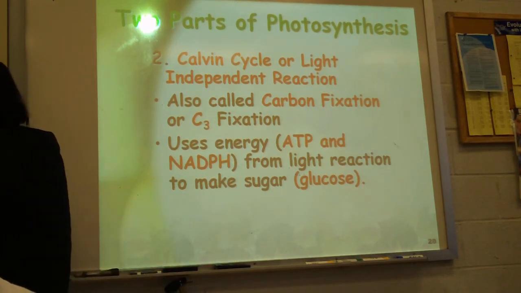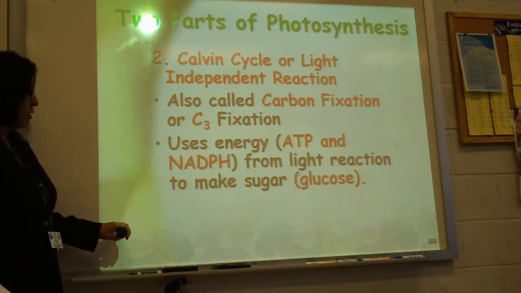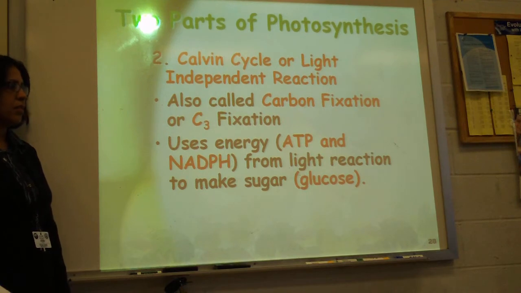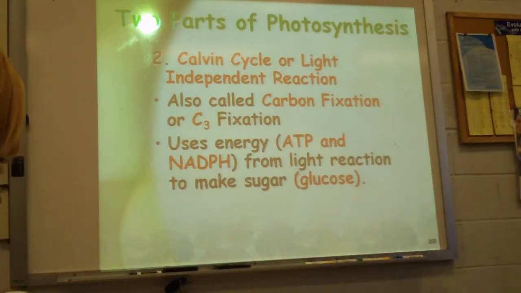If you go to the last page of your packet again, you see NADPH and ATP going from the light reaction, and carbon dioxide from the atmosphere, and ultimately you are making sugar.